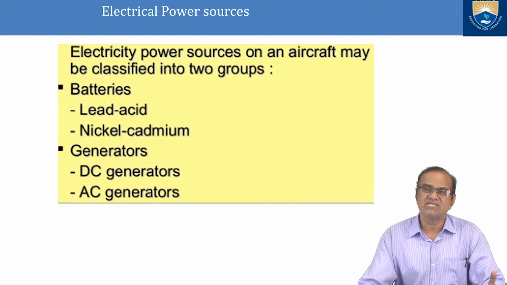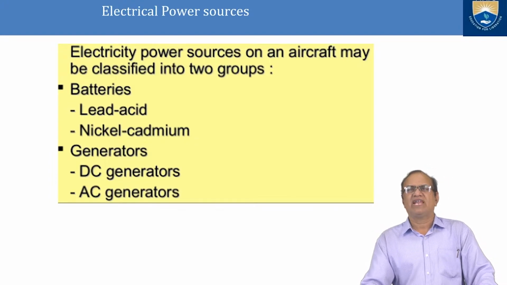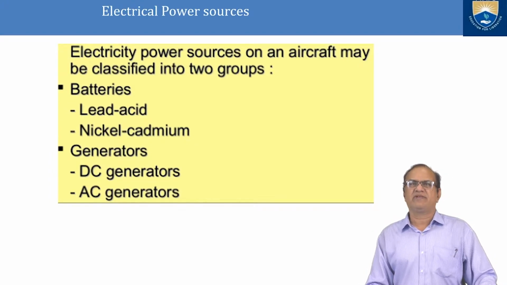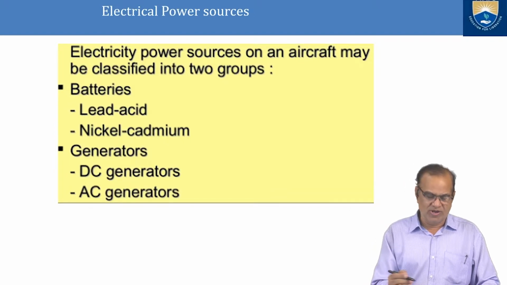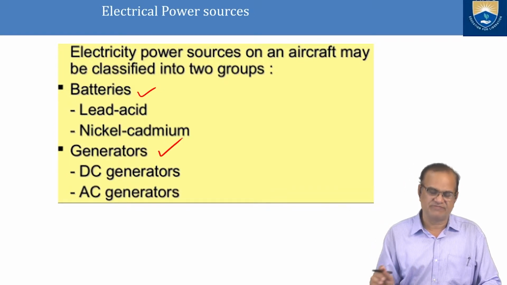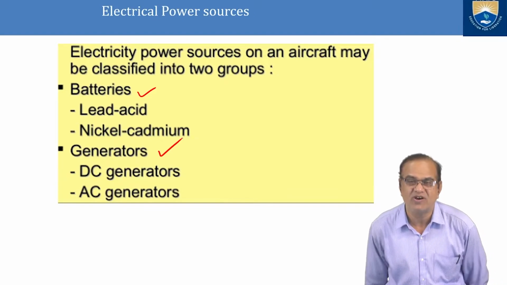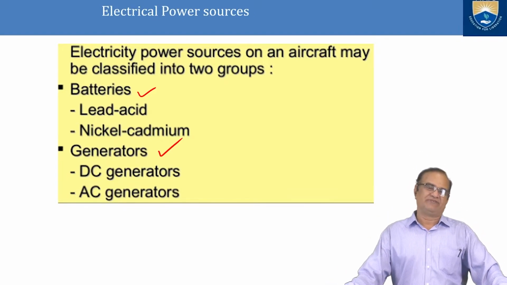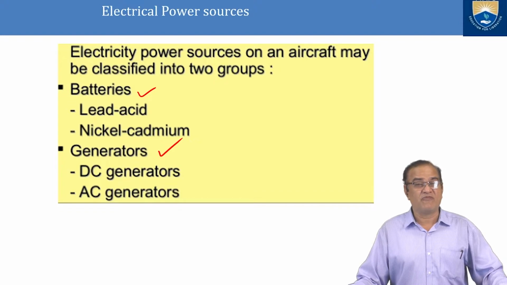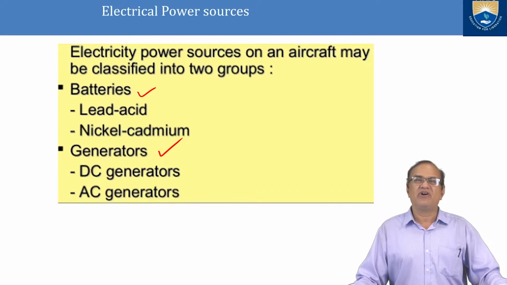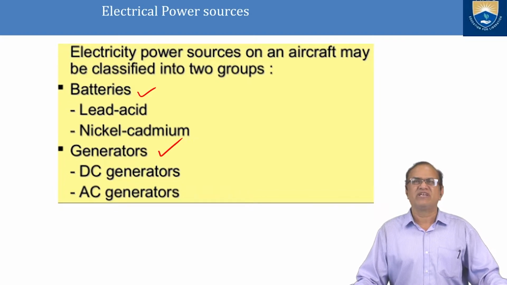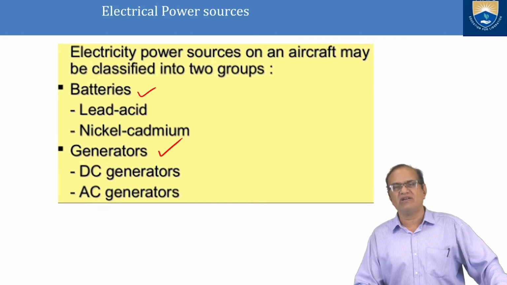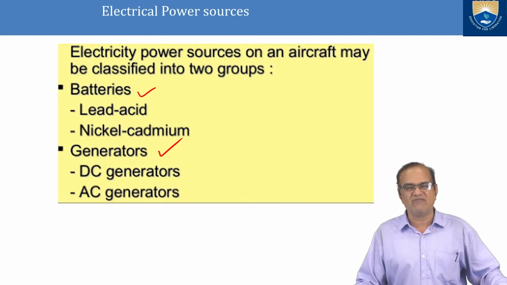Electrical power sources on an aircraft may be classified into two groups. One is the battery, another is the generator. First and foremost, and very important for emergency operation, are batteries, and for small aircraft these batteries are sufficient to run and start the aircraft.